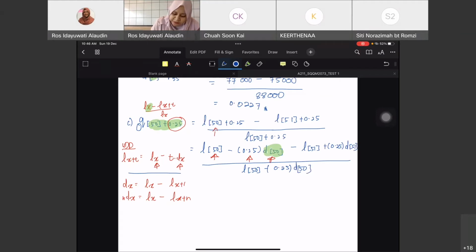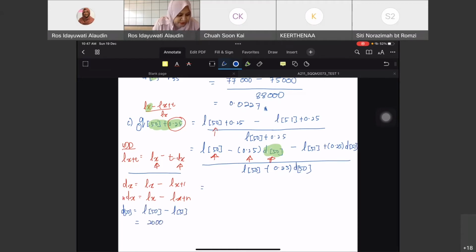Okay, so for D50, you have to refer to the table. D50 is L50 minus L51. It is 2000.